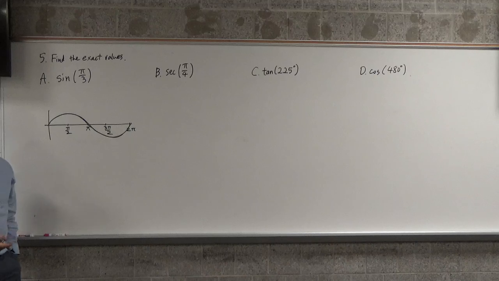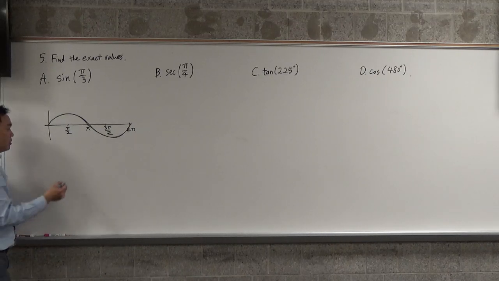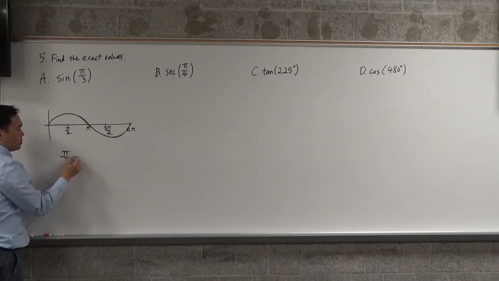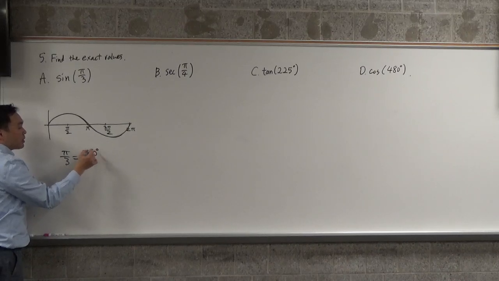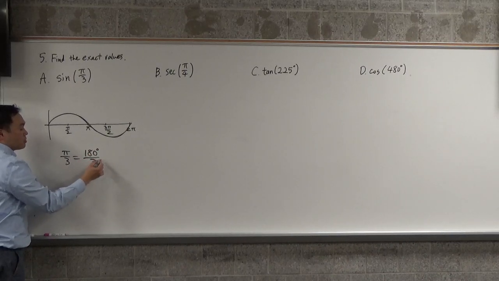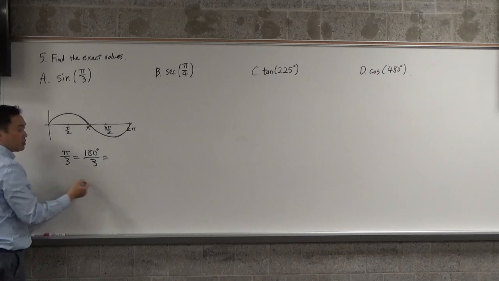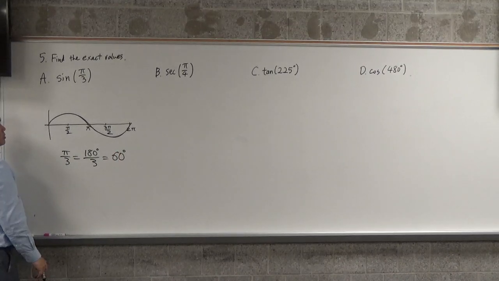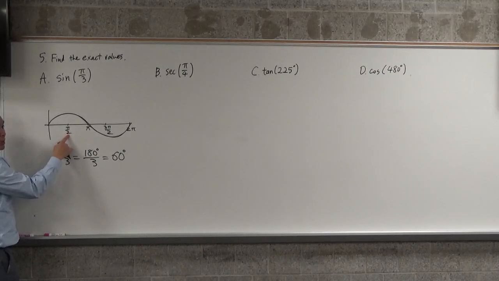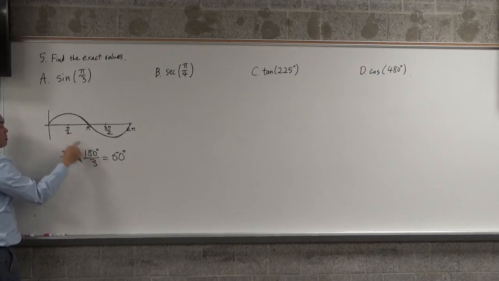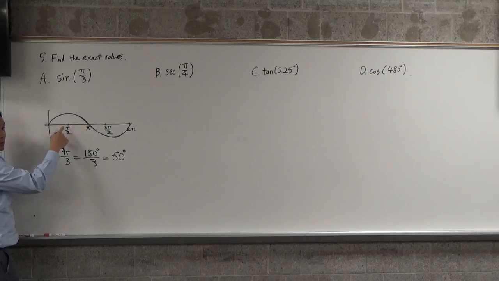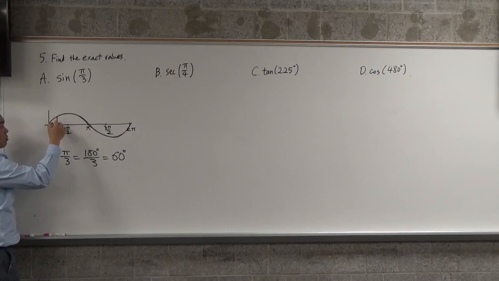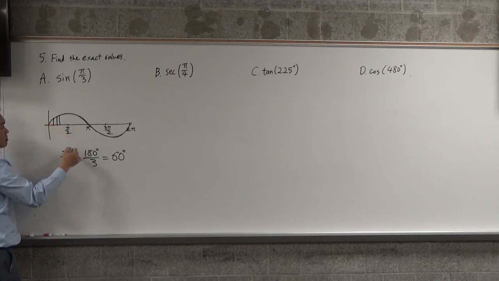Now pi over 3 in degrees is? Pi is 180 degrees. So if you divide by 3, what do you get? 60 degrees. Okay. Pi over 2 is 90 degrees. 60 degrees belongs to the first quadrant, right? Each of these quadrants has 3 sticks.